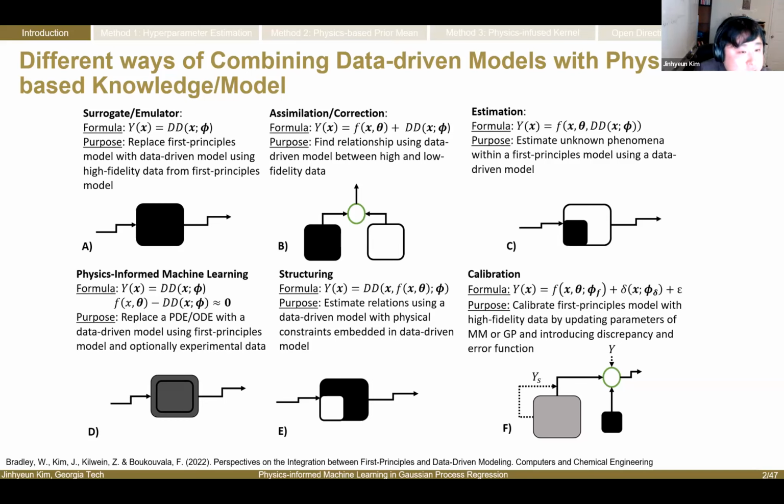The popular one is physics-informed machine learning, the physics-informed neural network, which can be used to solve ODEs or PDEs. In the industrial engineering field, there is a popular technique called model calibration, which introduces 2 GPs to model low fidelity and high fidelity data with additional calibration parameters.